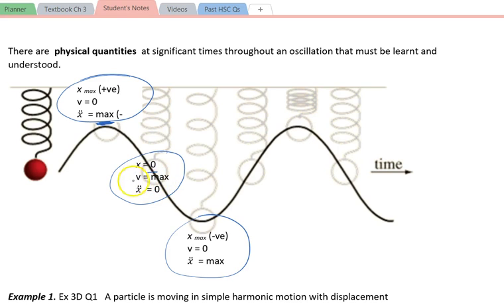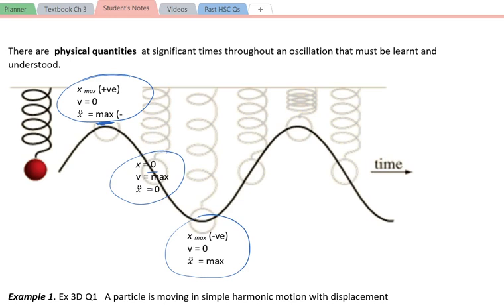But it is maximum velocity there, and actually there is no force either way. Just think of it: once something's got some speed up and it's at its maximum speed, it's not going to stop instantly unless it's forced to. So it's doing maximum velocity at this spot, zero displacement, and zero acceleration.